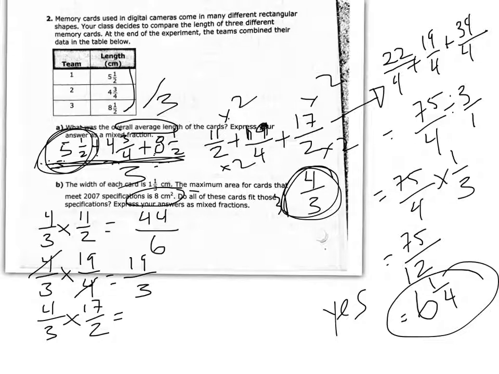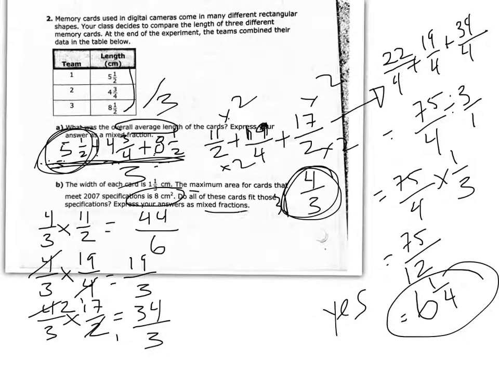I could have done that here too, and I'm going to do it here. 2 goes into 2 once, 2 goes into 4 twice. You've got here 2 times 17 is 34 over 3.